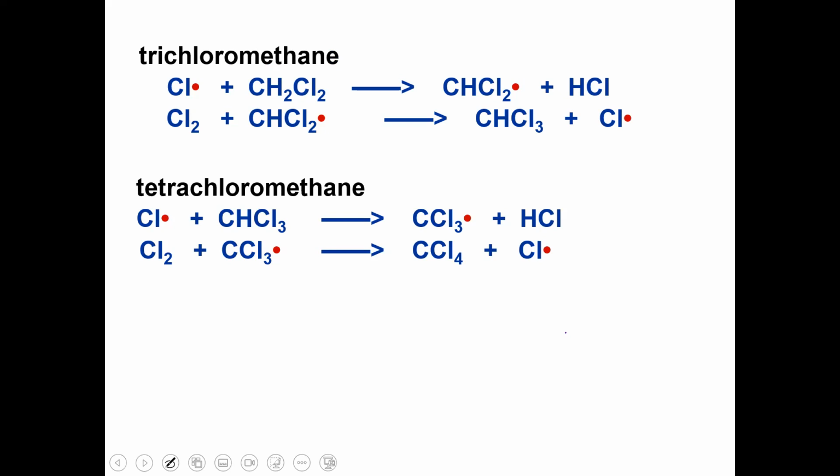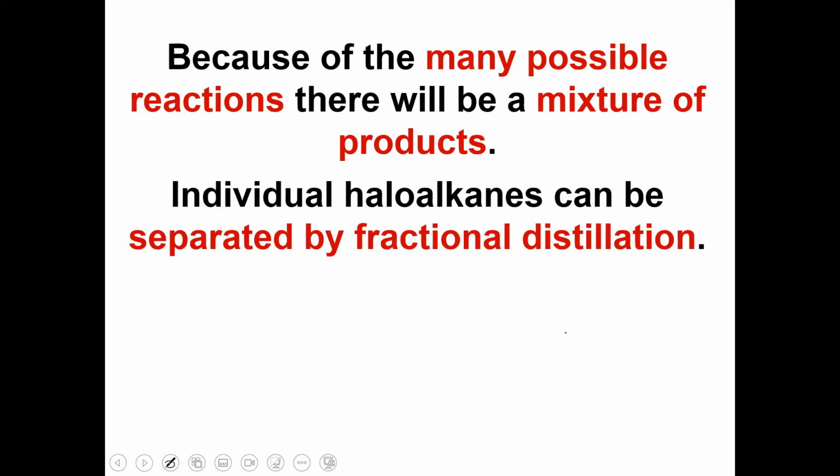But whatever is going on, it is actually the game of chlorine free radicals. They will continue this game. So a mixture of products will be obtained. Different products are obtained in a mixture.